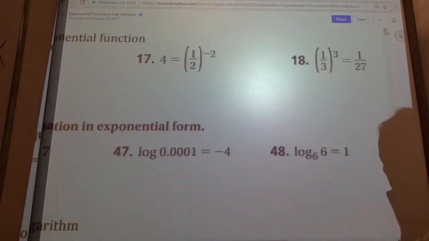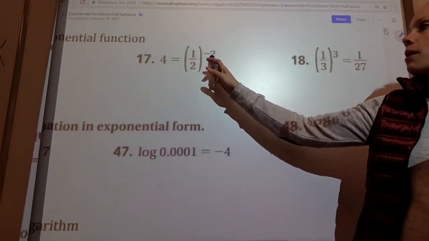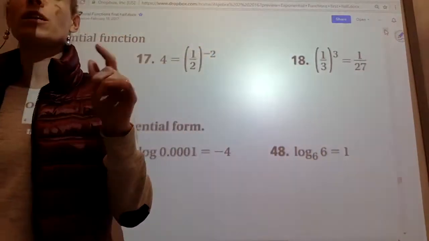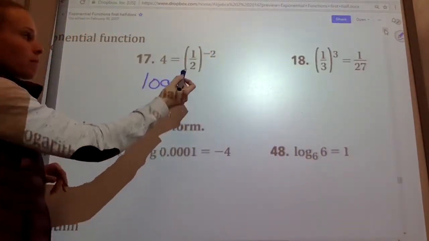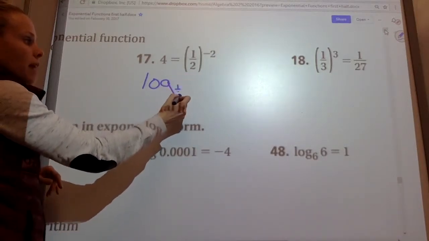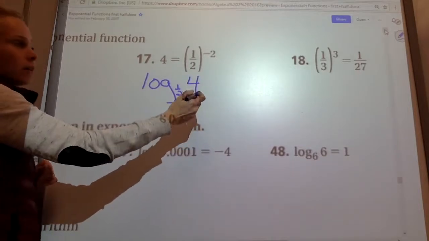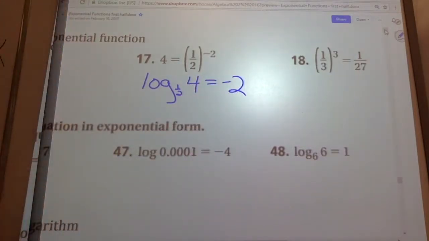What's the point? Exponential function, I have 1/2 to the -2 power equals 4. So how would I write that exponential in logarithmic form? Log of base 1/2, because 1/2 is the base of the exponent, of 4 equals -2. There's the log form.